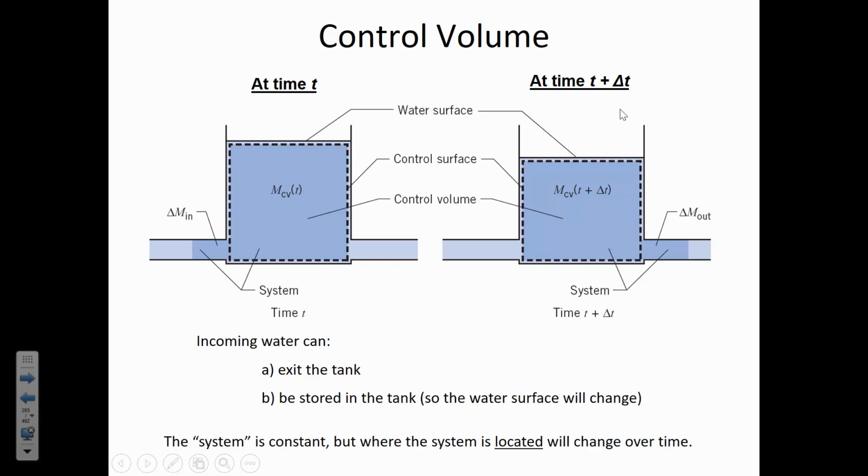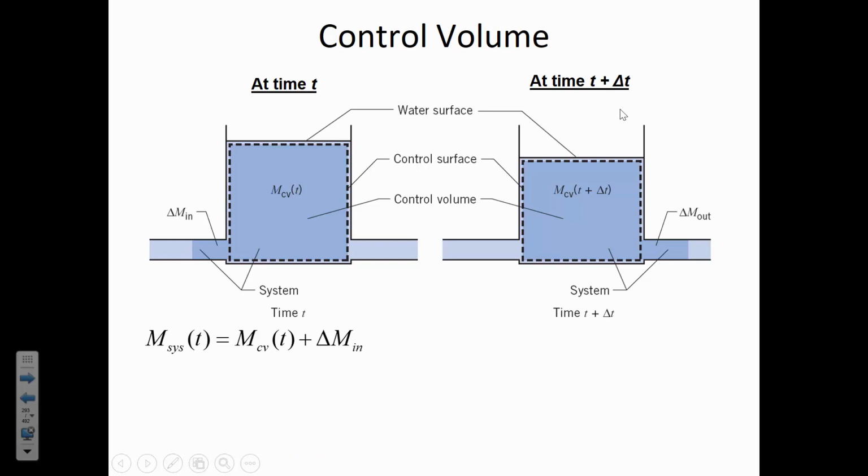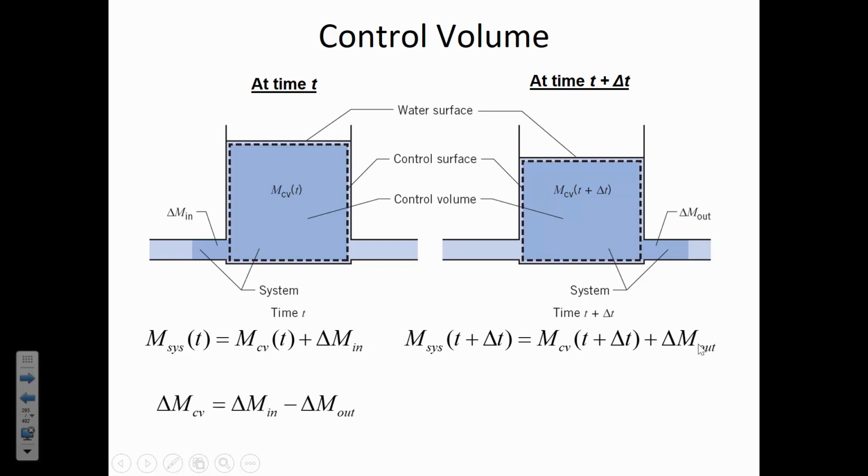So the system itself is constant, but where it's located over time changes. And the way that we generalize that is we say that the mass of the system at time t in the first instance was the mass that was in the control volume and how much of it was in the inflow pipe, whereas at the other time increment, the mass of the system is the same, but where it's located is now some of it in the control volume, some of it in the outflow pipe.